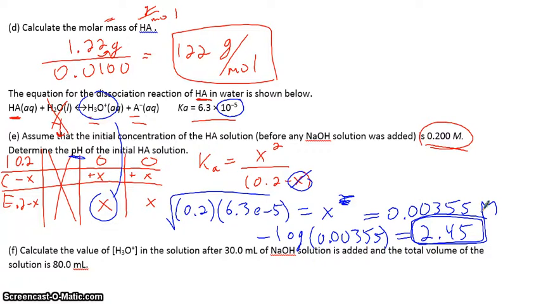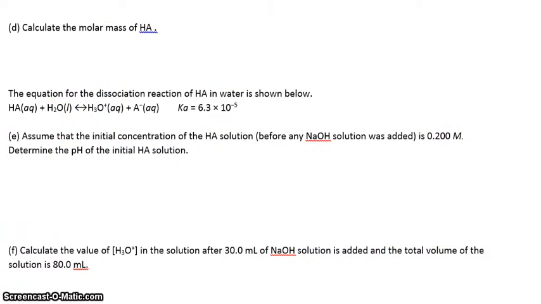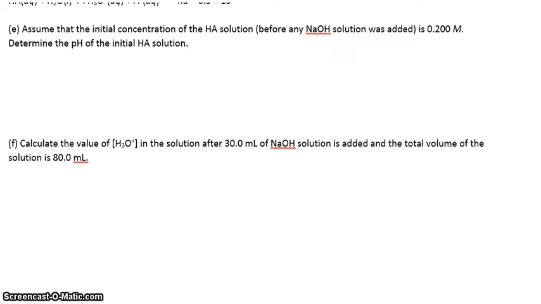The last question says, let's calculate the value of H3O+ that's left in the solution after 30 mL of the base was added. So we're in the buffering region of the titration, roughly right here.